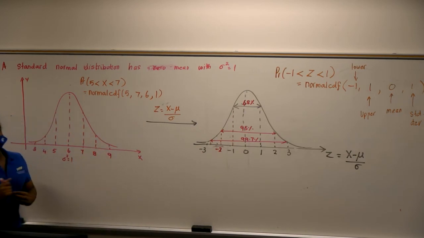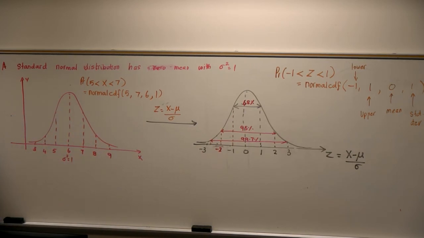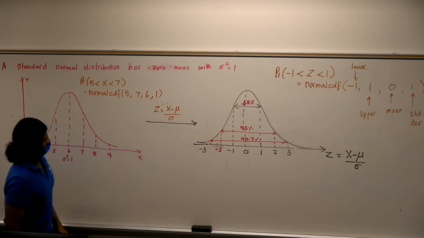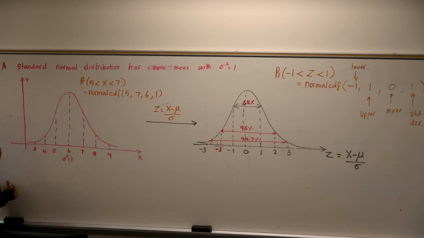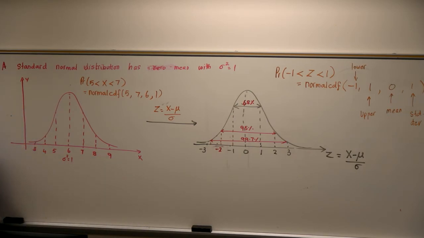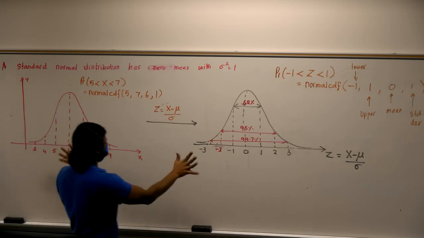What do we get? 0.6827, pretty much the same, right? If you compute it between 4 and 8, you will get 0.9545. If you compute it between 3 and 9, you would get 0.9973. Yes? So what can we infer from this?